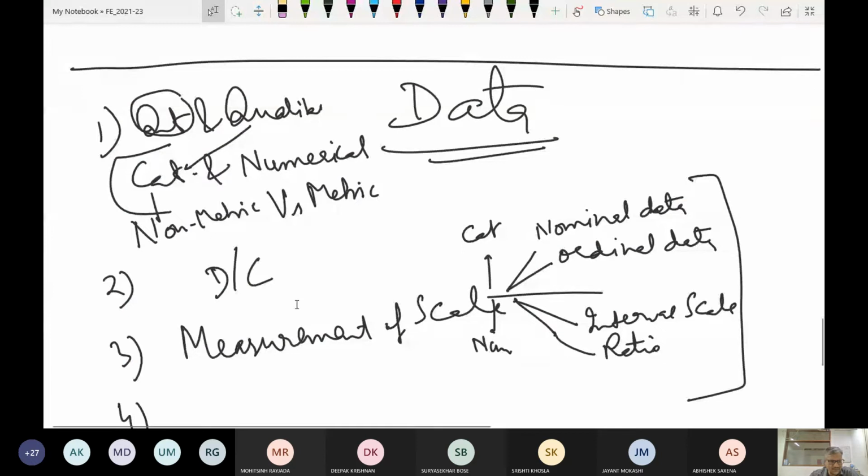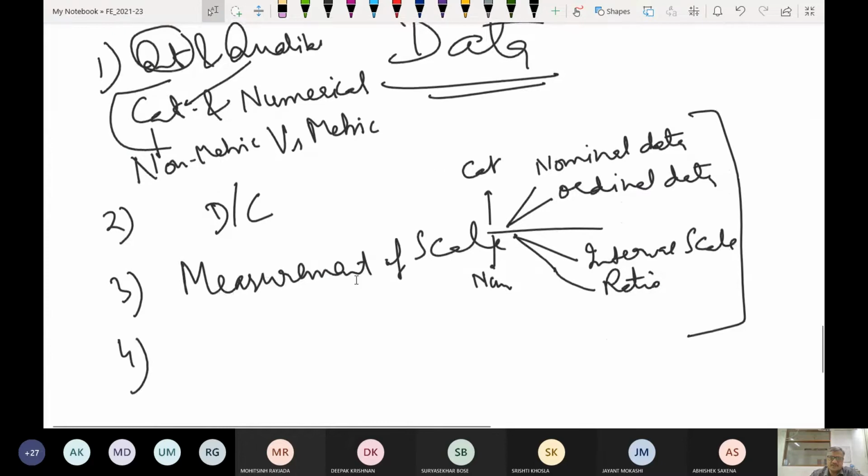Second, discrete and continuous, both can be clubbed, but they can be understood in isolation as well. Measurement of scale can be divided into two broad categories: categorical data and numerical. Categorical measurement of a scale can be further divided into two parts: nominal data and ordinal data.